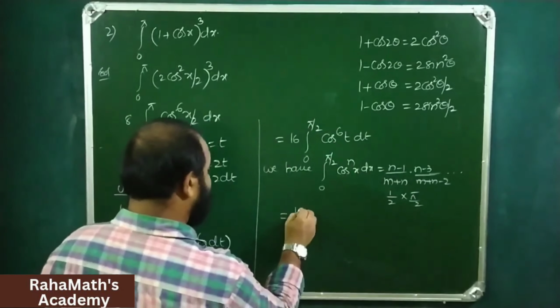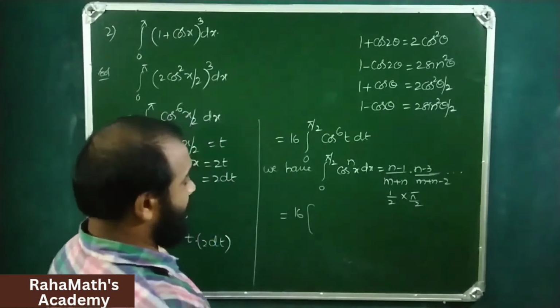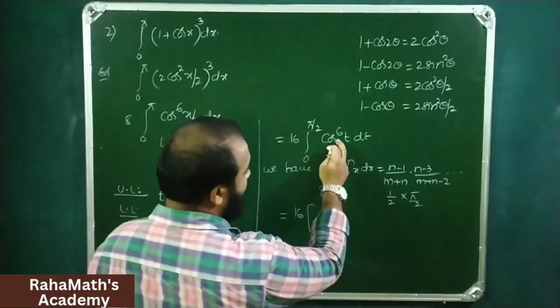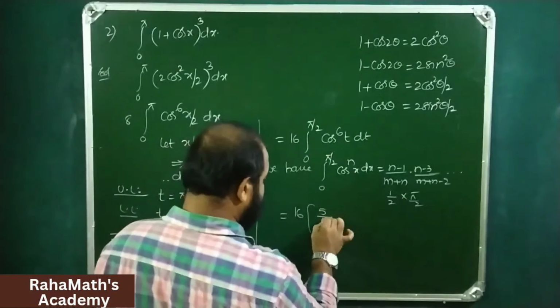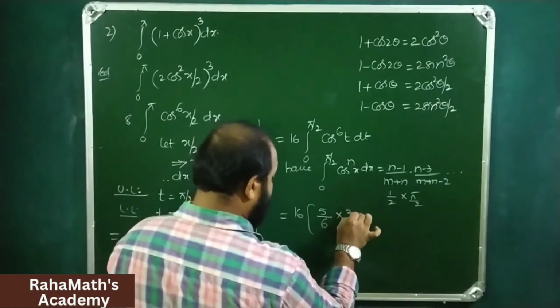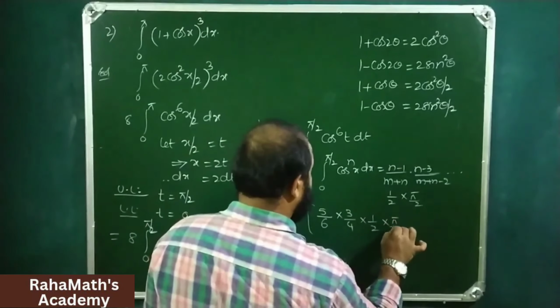So that is why 16 into, now n value is 6. 6 minus 1, 5 by 6, 3 by 4, 1 by 2 into pi by 2.